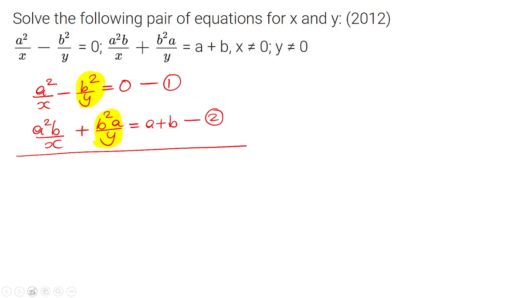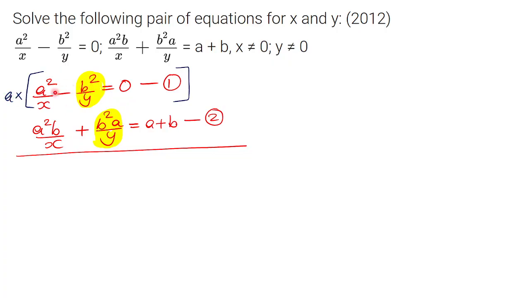For that purpose, listen, let me multiply the first equation by a. The left side and the right side I am going to multiply with a for the elimination purpose. Why do I multiply with a? If you multiply with a and take it inside the bracket, this term will be b square a by y.